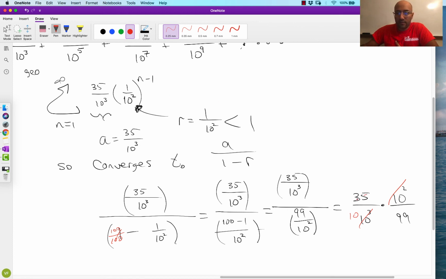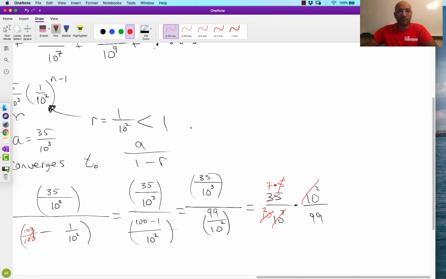So this guy is 7 times 5. And now this 5 can cancel with this 10 to give you a 2. So we have a 2, a 7, and then a 9 and an 11. So that's it. Can't really reduce any further. So we end up with just a 7 surviving in the numerator and 2 times 99 in the denominator.